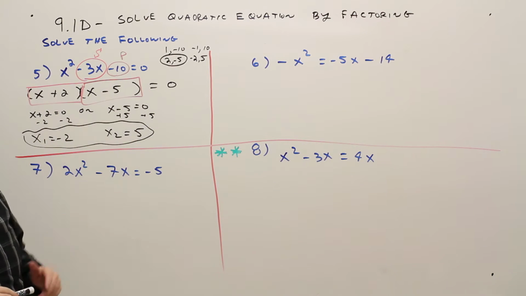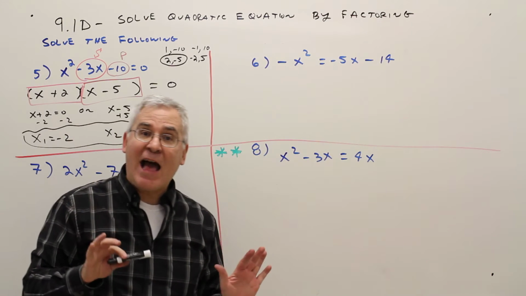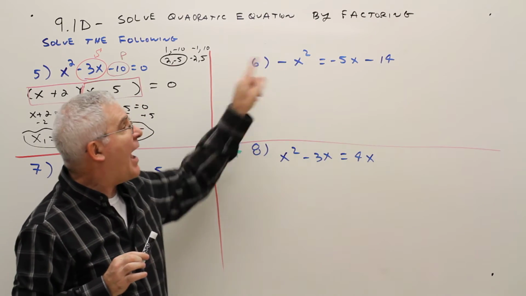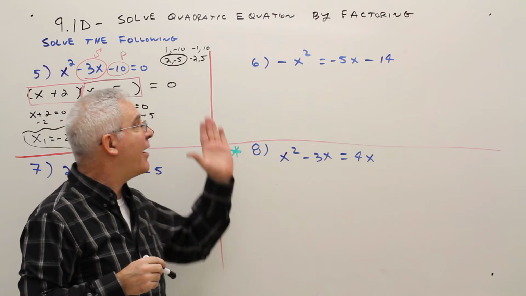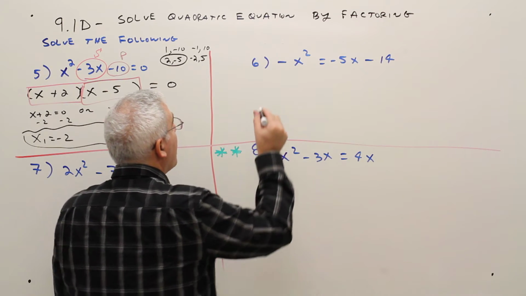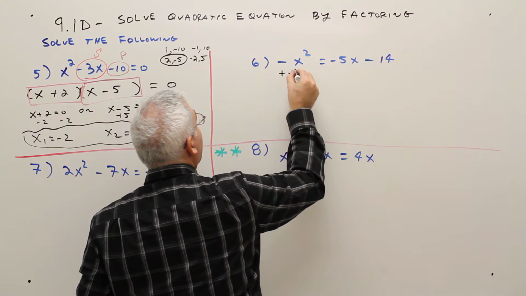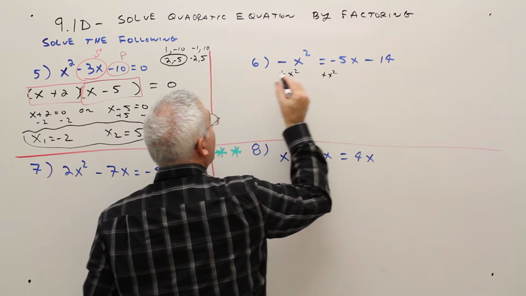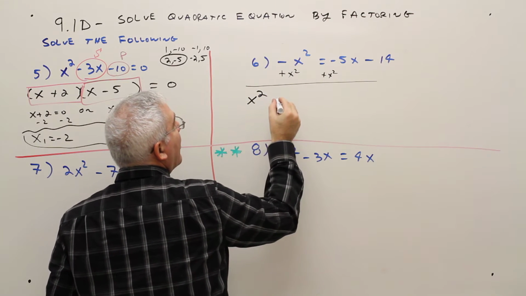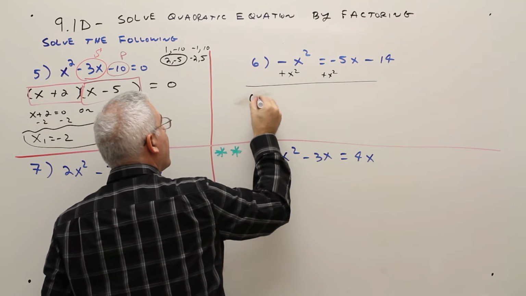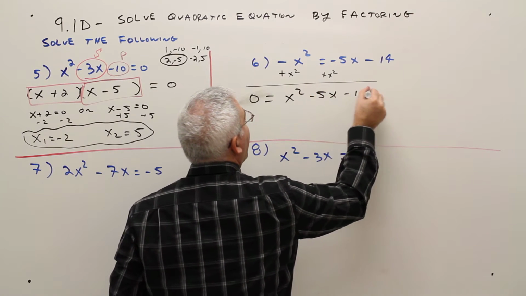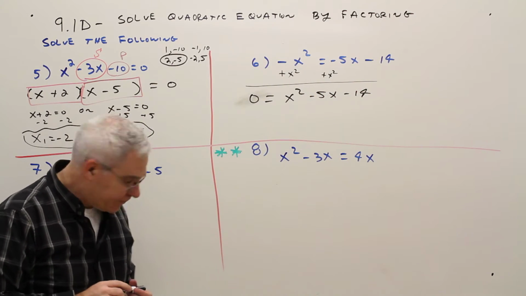All right, example 6. I'm not in standard form, so my first step is to get in standard form. I don't like a lead coefficient that's negative, so I'm going to bring everybody over to the right-hand side. So basically I'll be going plus x squared here and plus x squared here, resulting in 0 equals x squared minus 5x minus 14.